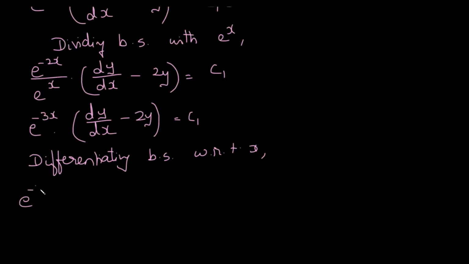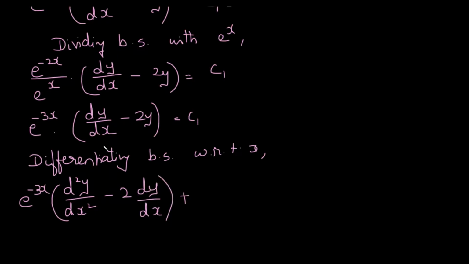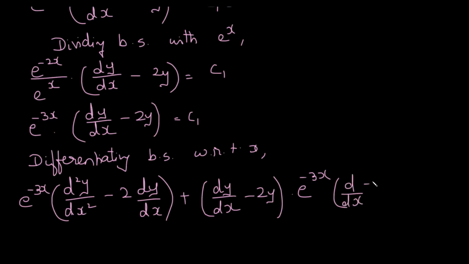So we get e raised to minus 3x, and in the bracket the differentiation of dy by dx is d2y by dx2 minus 2, the differentiation of y again is dy by dx, plus, now the bracket remains the same, dy by dx minus 2y, and the differentiation of e raised to minus 3x is e raised to minus 3x, and by chain rule ddx of minus 3x is equal to, on the RHS now c1 is gone, so we get 0.